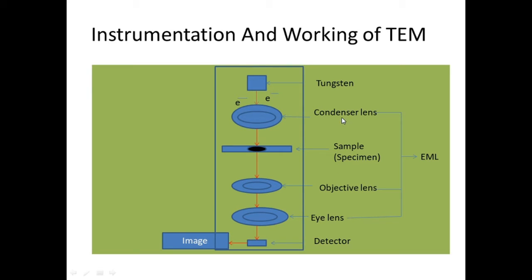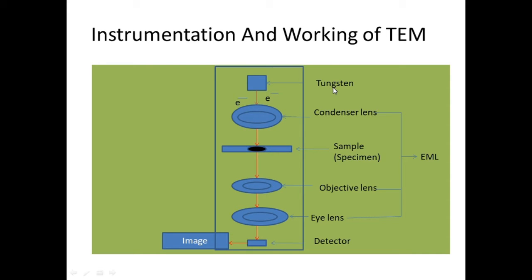These condenser and objective lenses are electromagnetic lenses. Okay, and the source here is a tungsten filament, while in light microscopy we use light. This is a main difference between light microscopy and transmission electron microscopy.